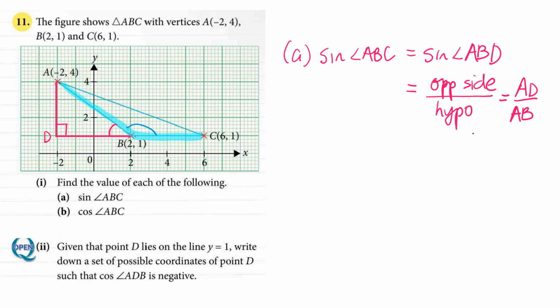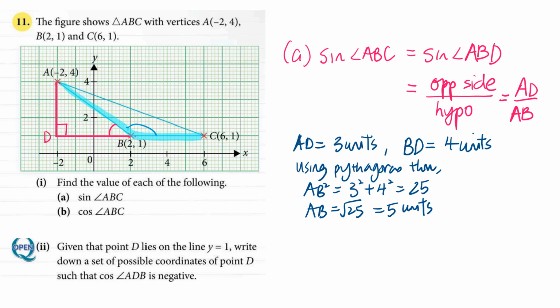Your opposite side is AD, your hypotenuse is AB. To find AB, here, AD is 3 units. BD will be 4 units. You can count it: 1, 2, 3, 4 units. So to find AB, we can use Pythagoras theorem.